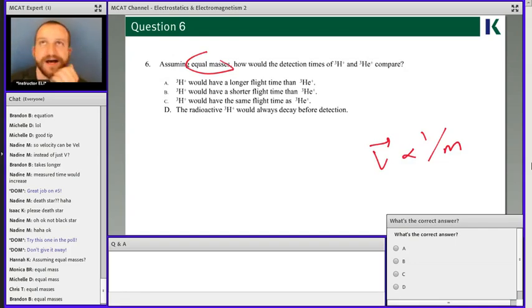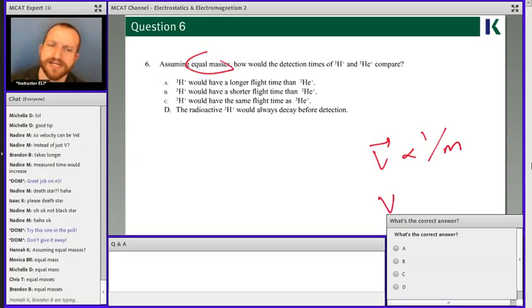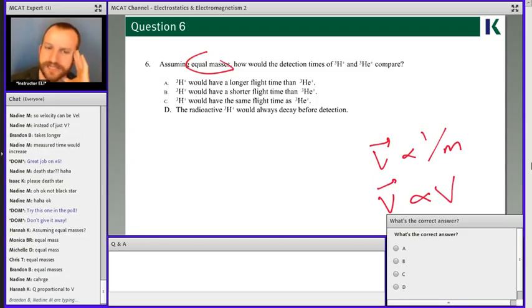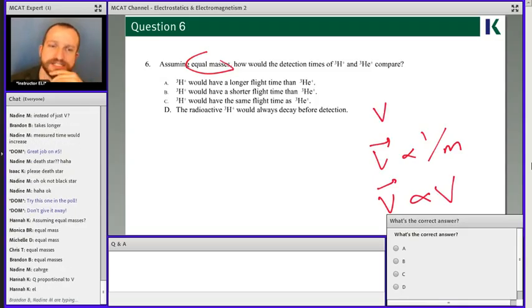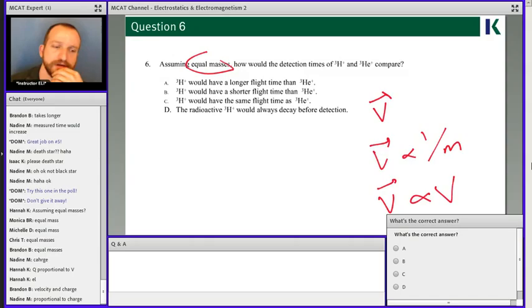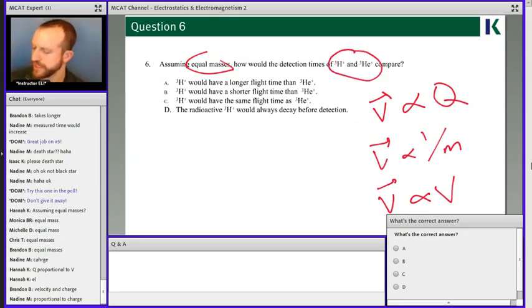All right. What was one of my other relationships? I had velocity is proportional to voltage. That was one. And I also had velocity is proportional to charge. Okay, interesting. I have helium plus and hydrogen plus.